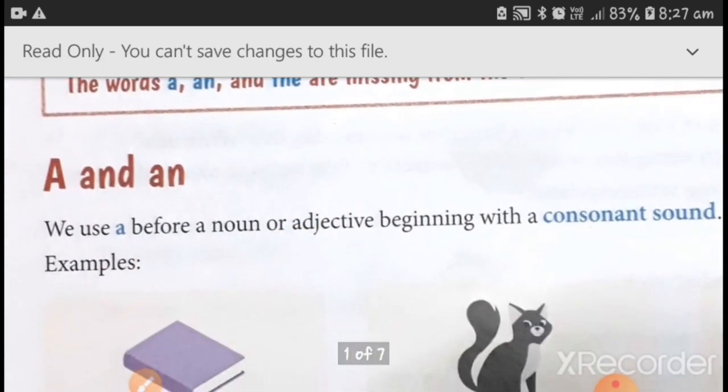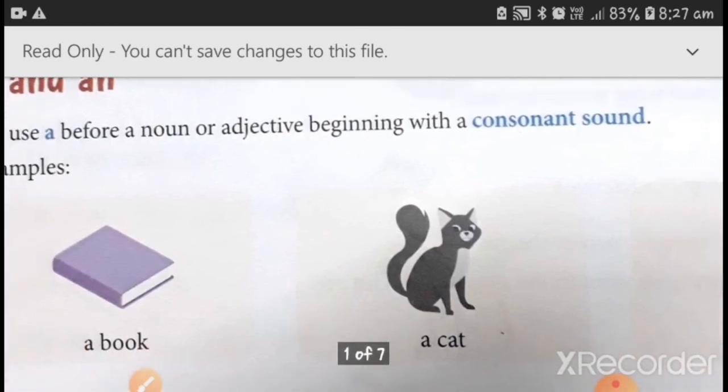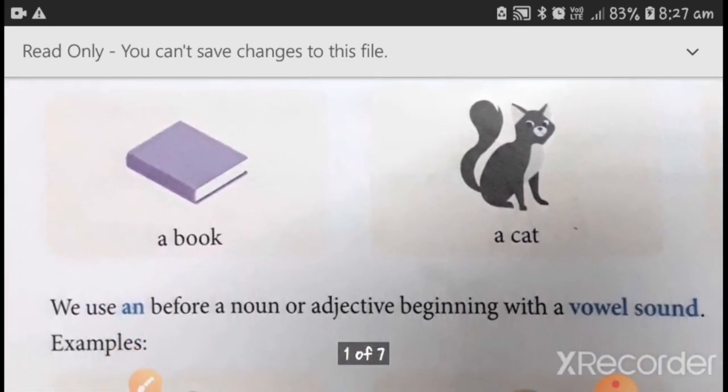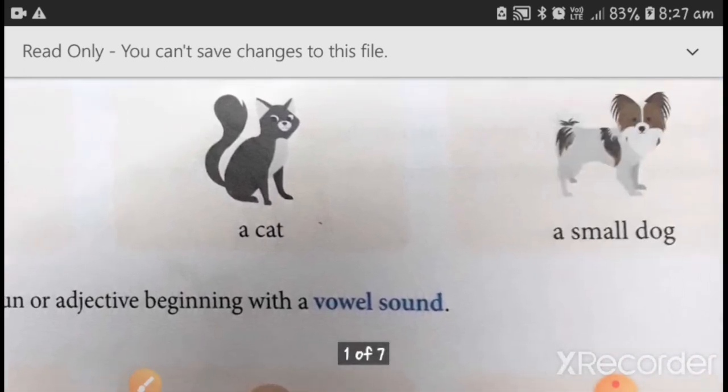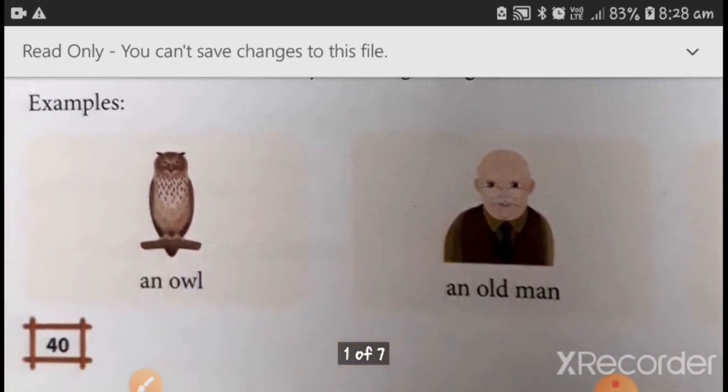So have a look at the use of a and an. We use a before a noun or adjective beginning with a consonant sound. For example, a book, a cat, a small dog. Now we have to use an before a noun or adjective beginning with a vowel sound.